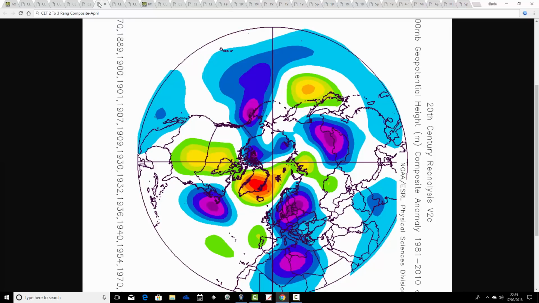Then we go through to April, and again, remember, these are Aprils that are following Februaries that have CETs between 2 and 3 degrees Celsius, so genuinely properly cold Februaries. And unlike what we saw in the previous analogues package for the slightly colder than average Februaries, what we see here is a continuation of the blocking pattern into these Aprils.